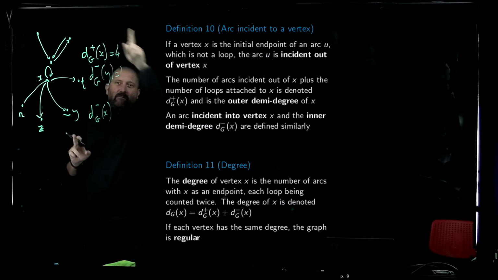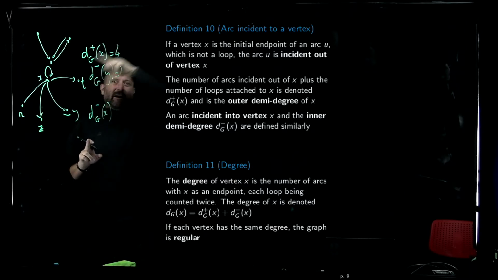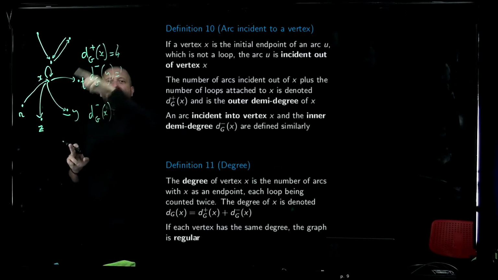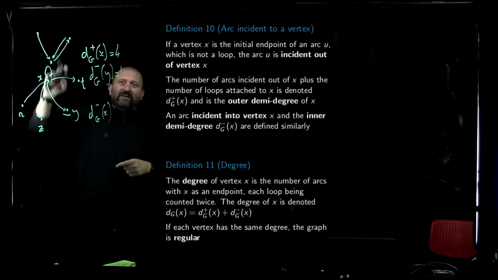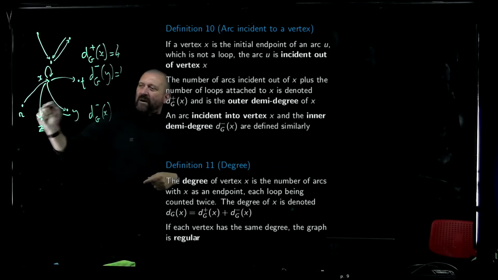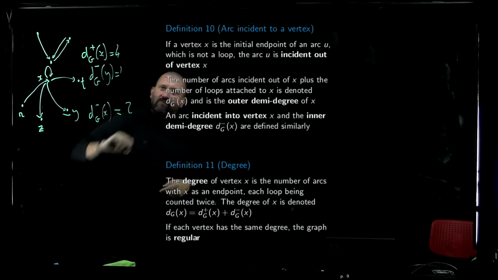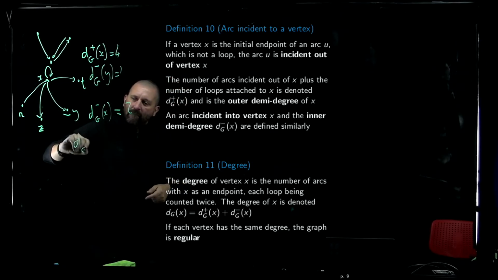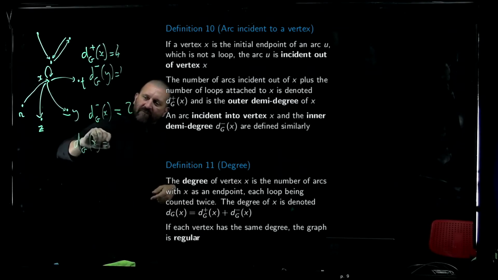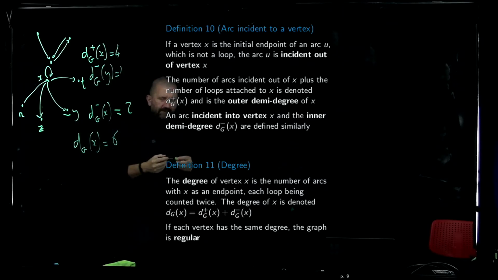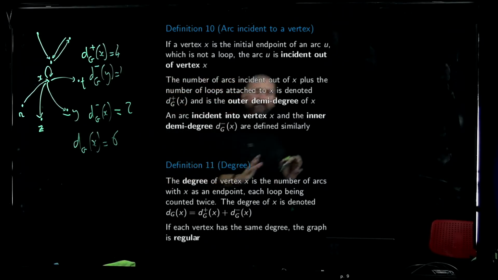It's both an incident out and incident in. It comes in, it comes out. So dg minus of x is 2, and the degree of x is then 6. And that's very, very important.